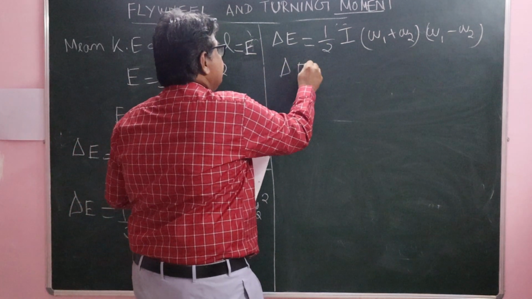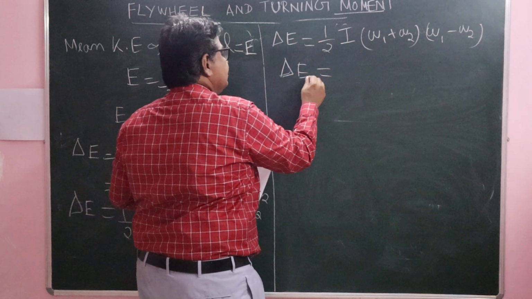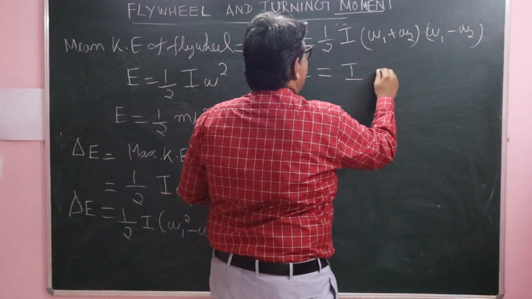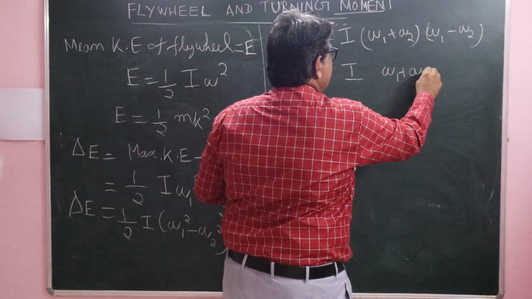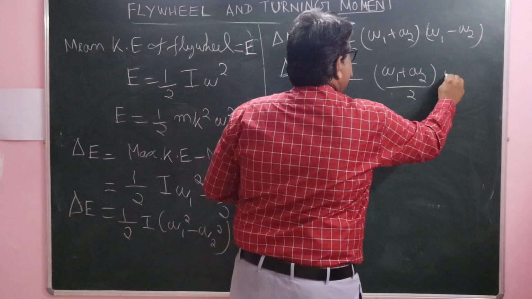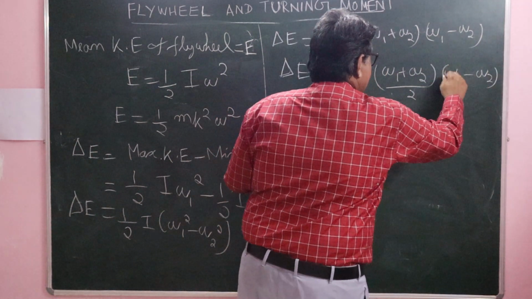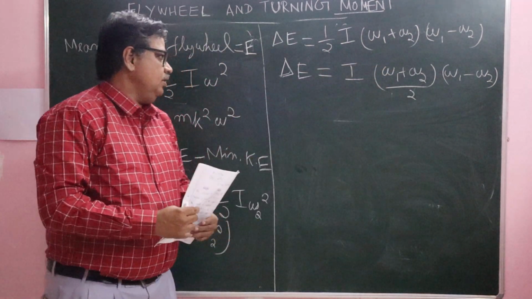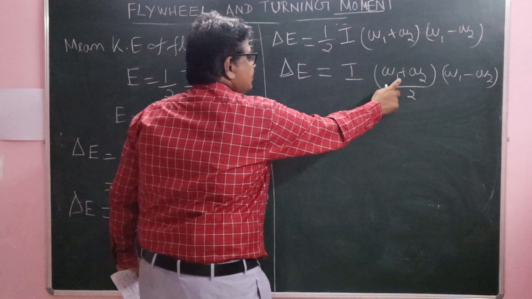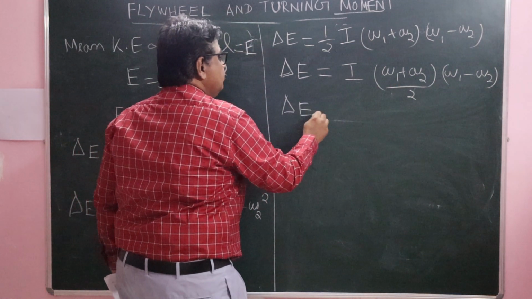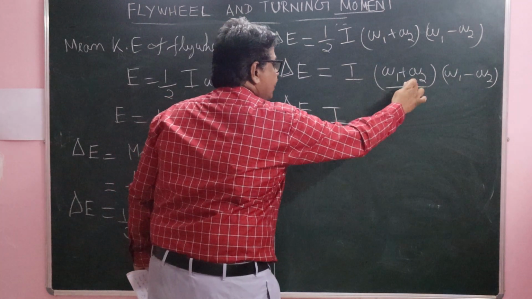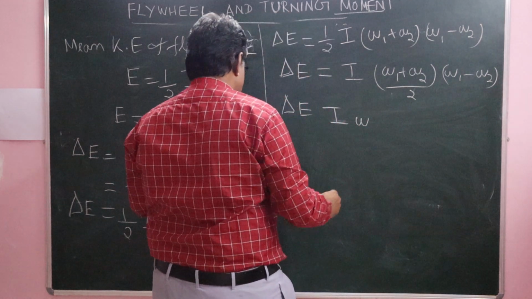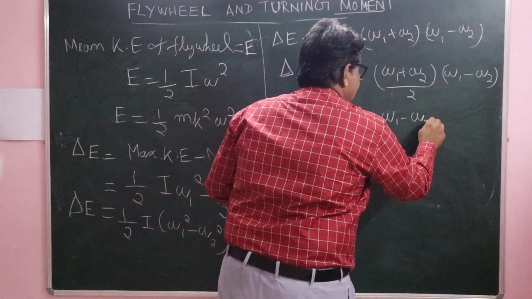So I can write delta E is equal to I into omega 1 plus omega 2 by 2 into omega 1 minus omega 2. Omega 1 plus omega 2 by 2 is nothing but the mean speed omega. Therefore, delta E is equal to I omega into omega 1 minus omega 2.